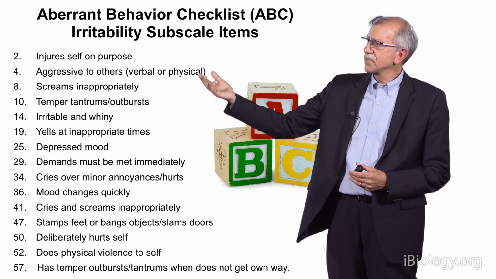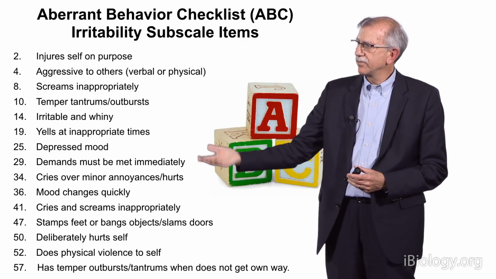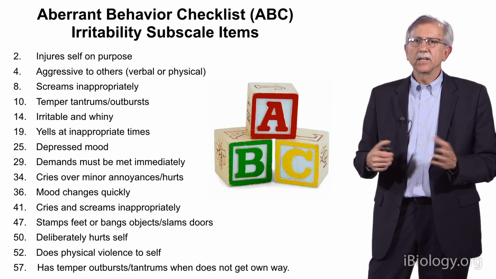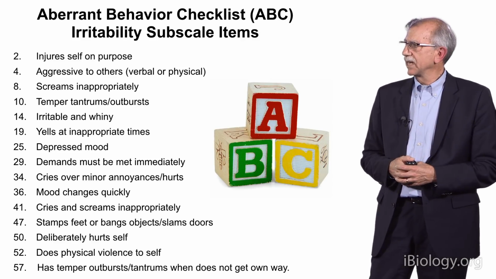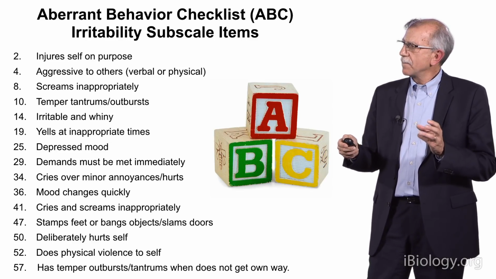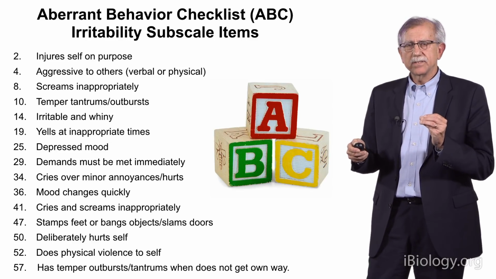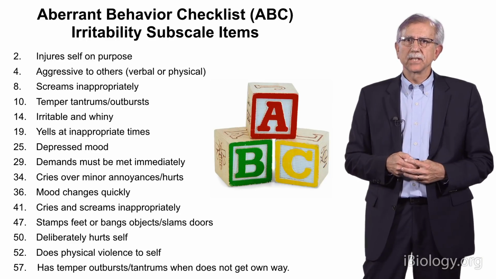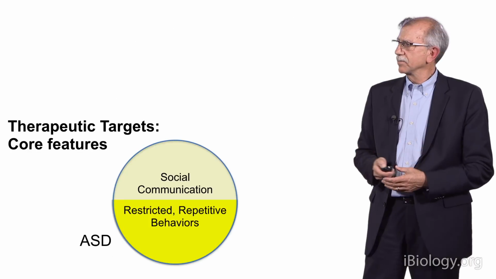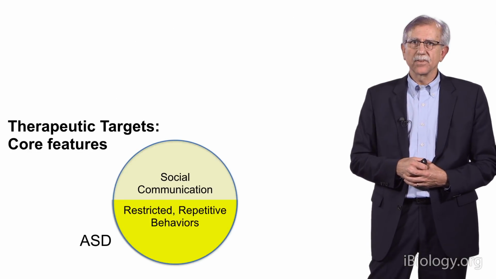But what you see is there's a mix of other behaviors here as well that could include mood lability, aggression, self-injurious behavior, and the like. And we'll come back to this, but again, the fact that this is often used as an outcome measure in clinical trials speaks to how these behavioral problems can also be targets for therapeutics.